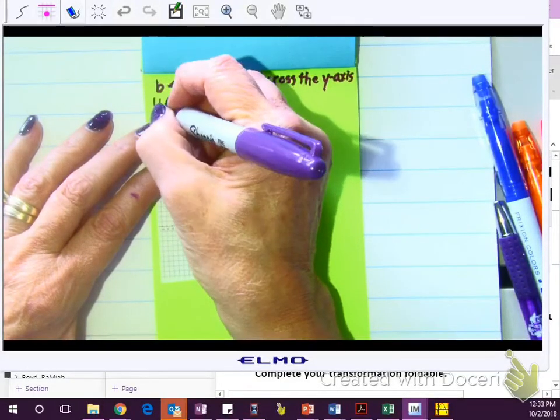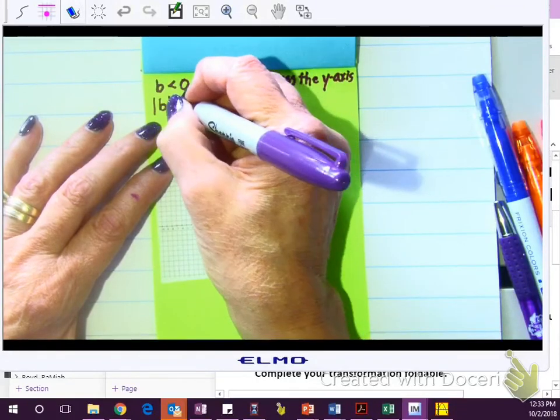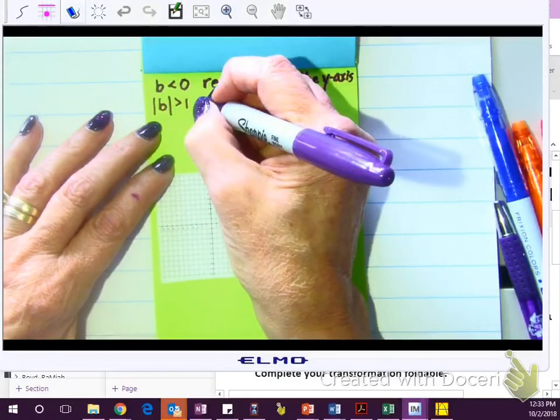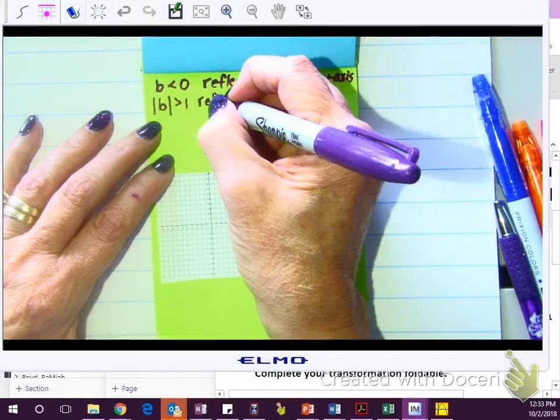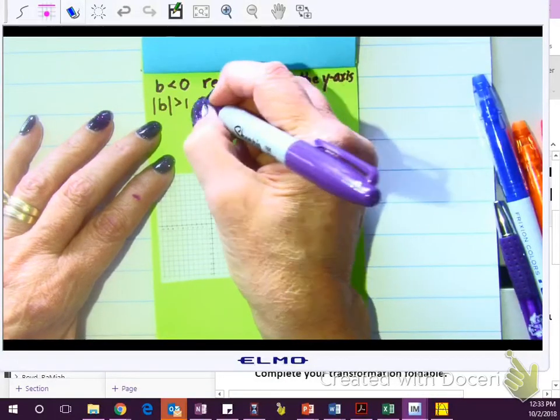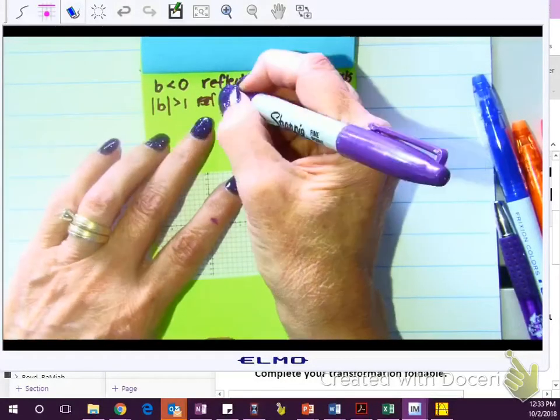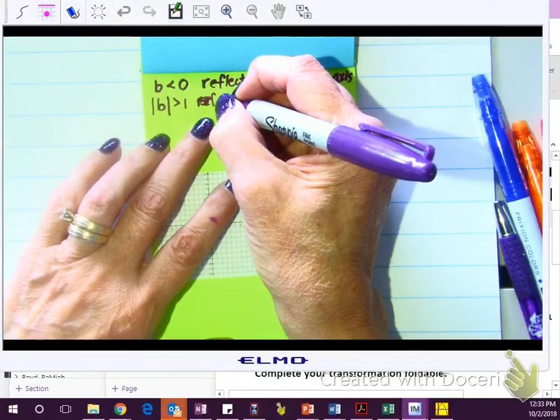When the value of B is greater than 1, now please take note of this before you write it. Oh, it doesn't reflect.